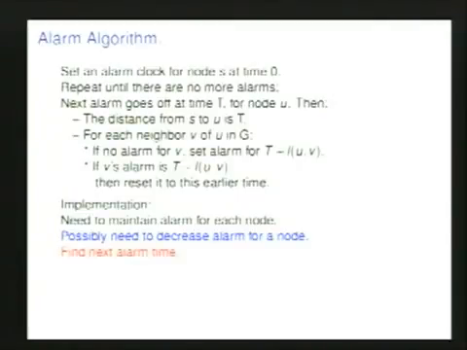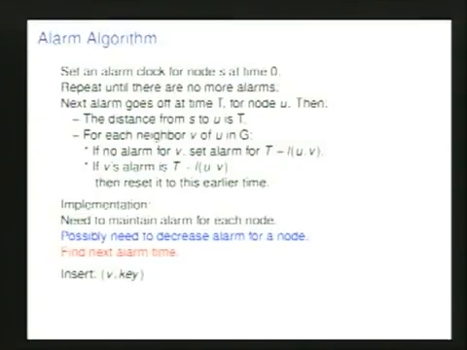And in this step here, you may also need to reset an alarm to an earlier time. If you already have an alarm for a node, you may reset it to an earlier time. So you have to set alarms for nodes, you may need to reset them to earlier times, and you need to find the one that's closest, has the lowest value.